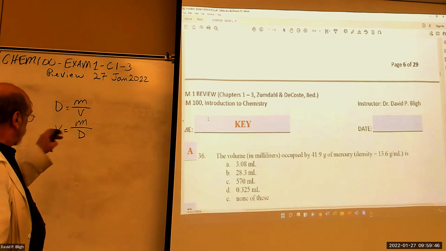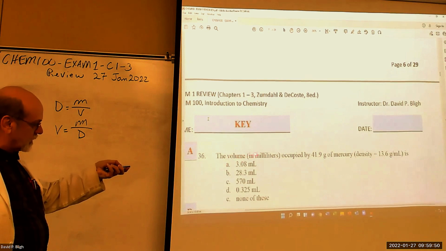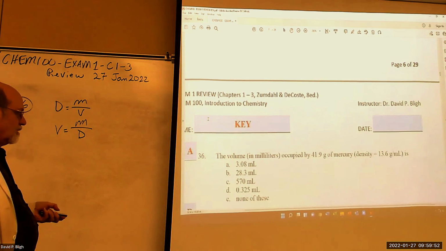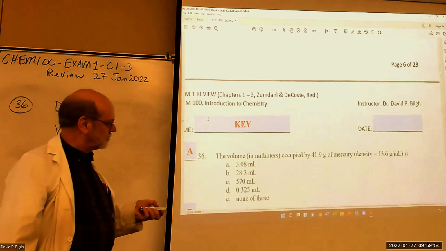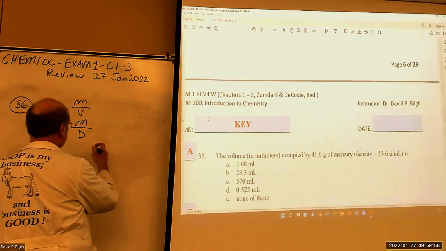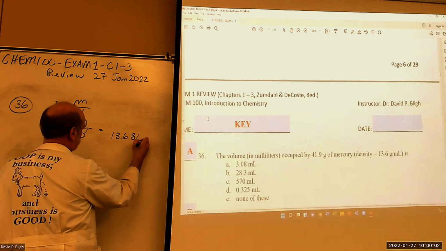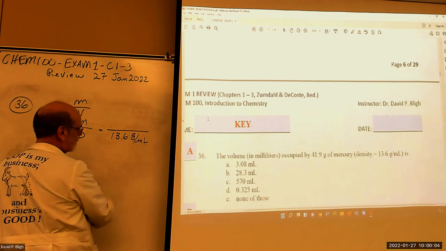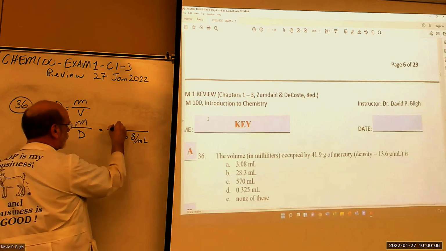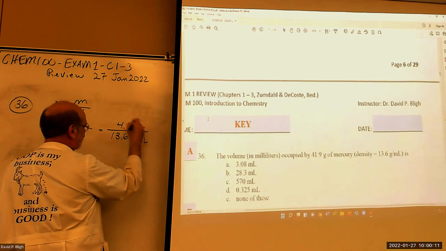I'm just proving it so you don't have to take my word for it. Okay, so we know the formula. We solved it for volume, that's what we're looking for. But while we're at it, density is 13.6 grams per milliliter, and mass is 41.9 grams.